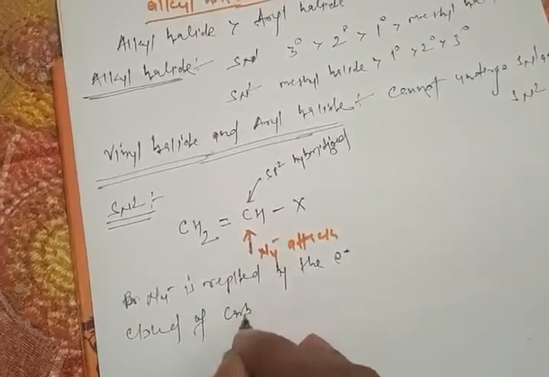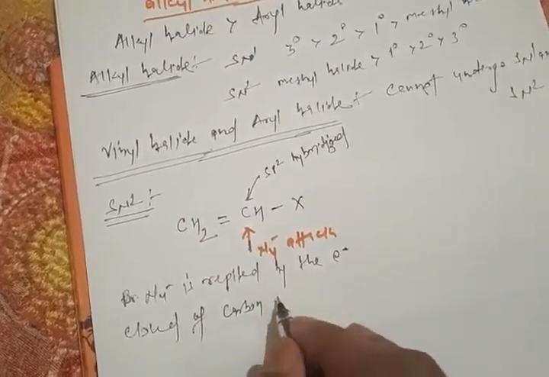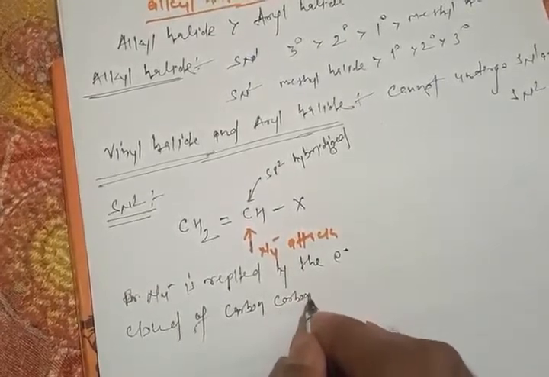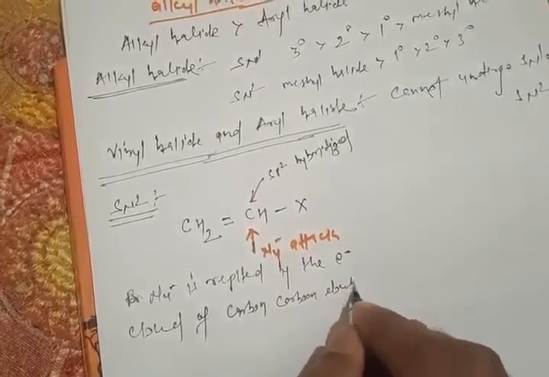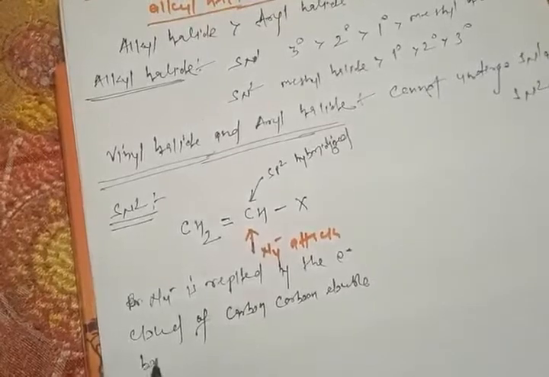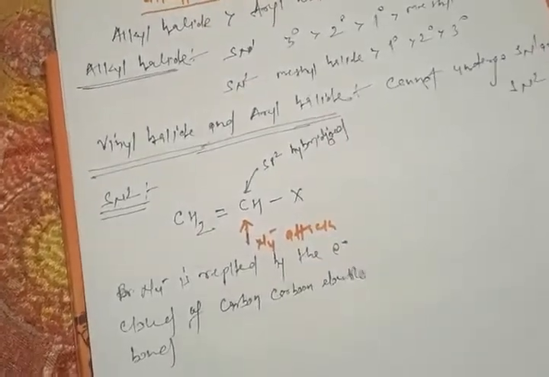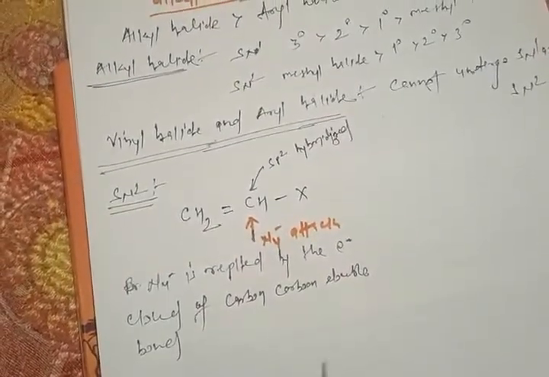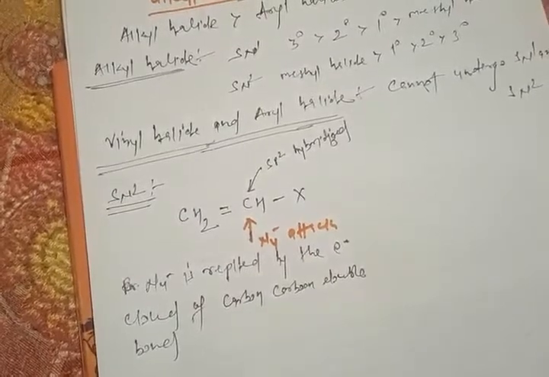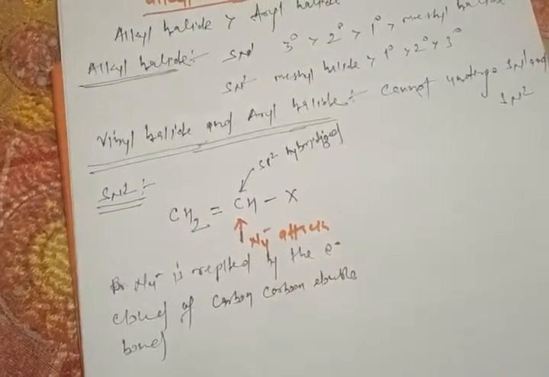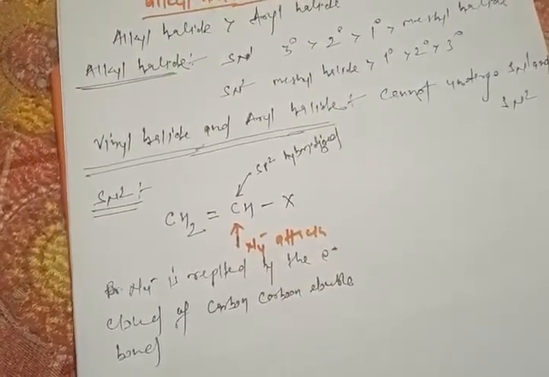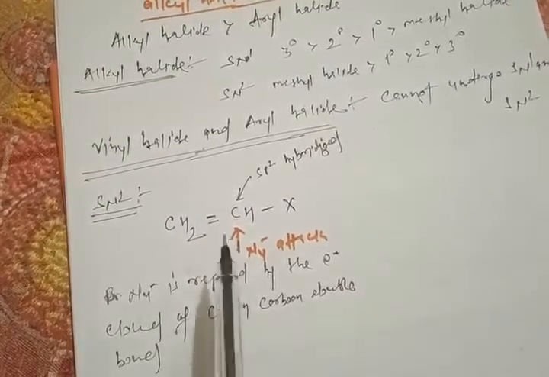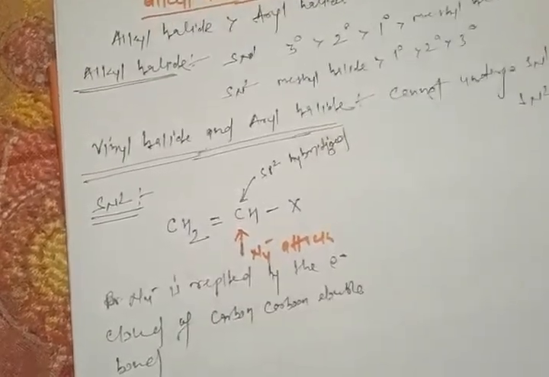If this repels, what will happen? The reaction will not proceed, because in order to get the carbocation we require the attack of this nucleophile.